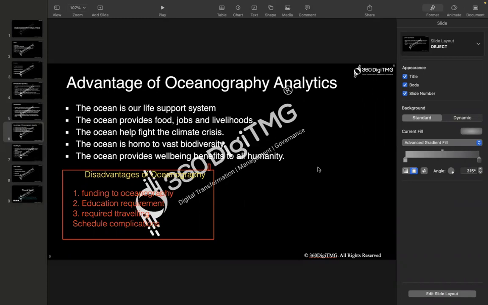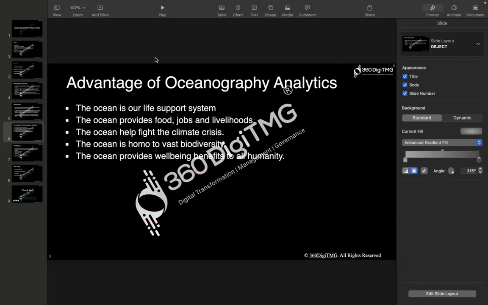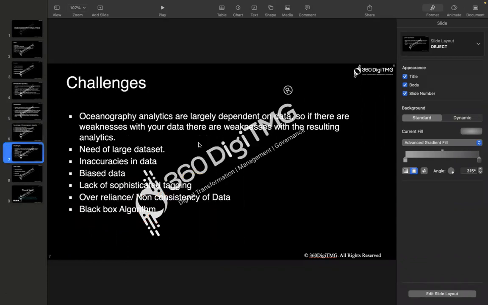So as we move on, these are the advantages and disadvantages of oceanography analytics. Here are some of the challenges. Oceanography analytics are dependent on the data. If there are weaknesses in your data, there will be weaknesses in your resulting analytics.